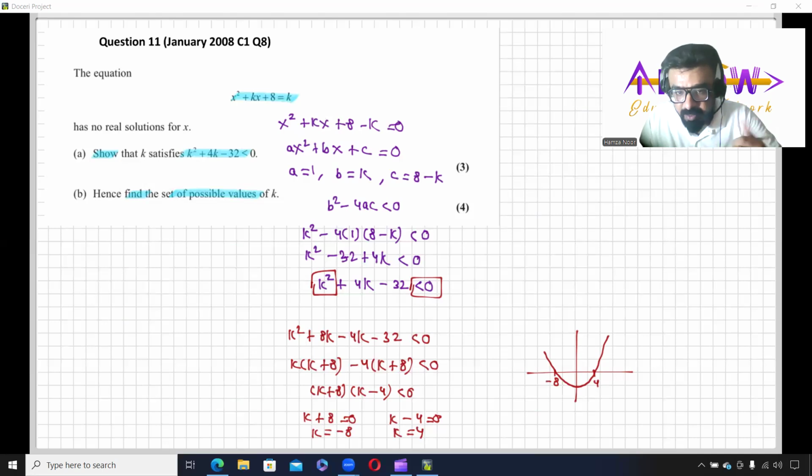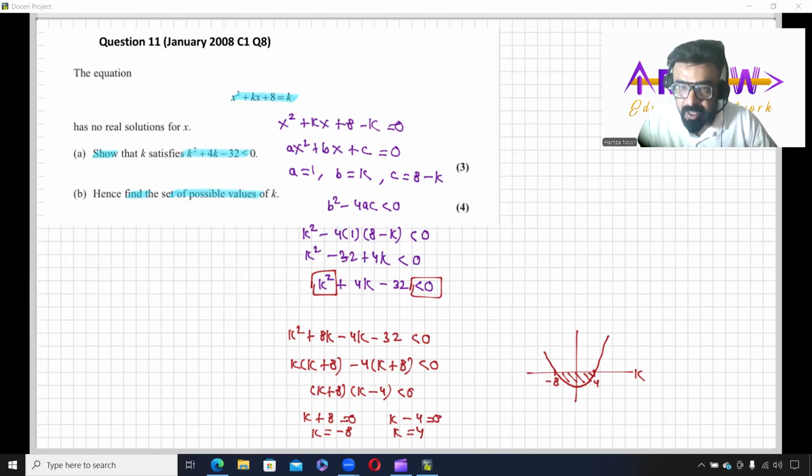So shade the part which is bounded by the quadratic graph and the horizontal axis, meaning the k axis over here, because the inequality is in terms of k. That's why the horizontal axis is marked as the k axis. So the region which is below the horizontal axis and bounded by the quadratic graph, we are going to shade this particular region between minus 8 and 4.